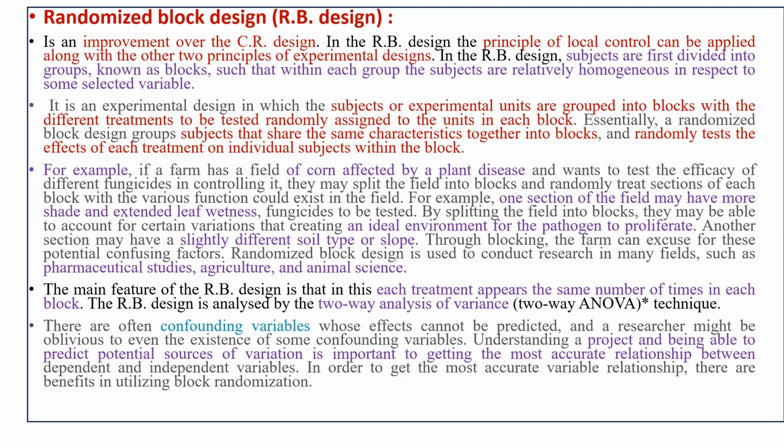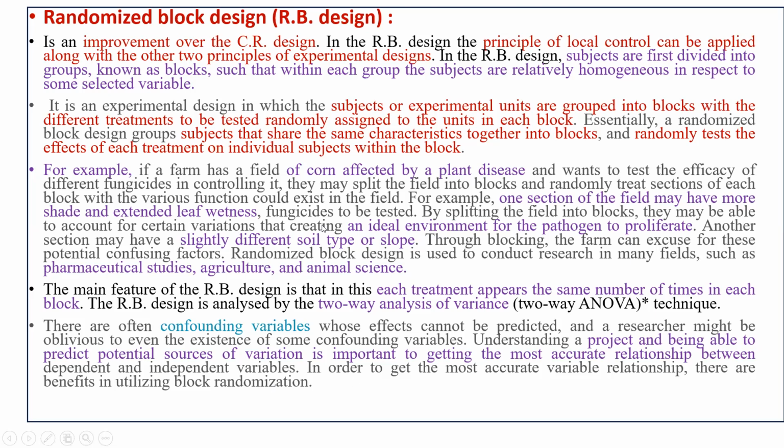Block 2 is having a lot of sunlight. Block 3 is having a different type of soil, so soil fertility will be another factor. Then the fourth will again have wetness and be a very shady area, where the pathogen, that is the fungus, can proliferate more.